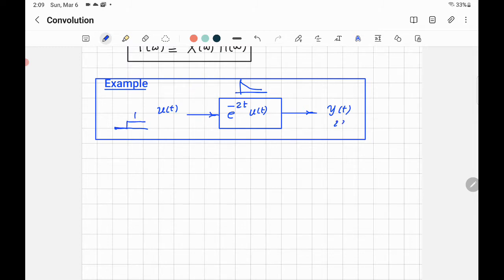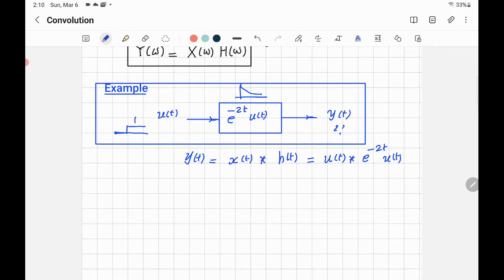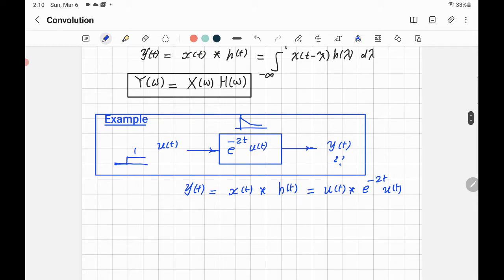So what is the output? We'll use convolution. We'll say y of t is equal to x of t convolved with h of t. In this case, x of t is equal to u of t, and the impulse response h of t is equal to e to the minus 2t u of t.